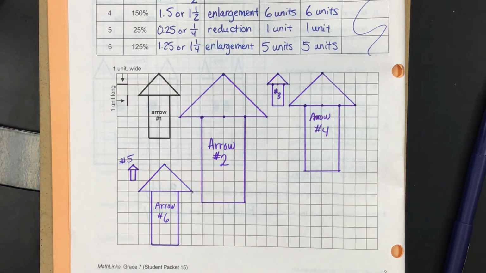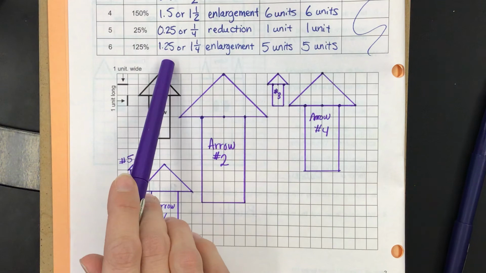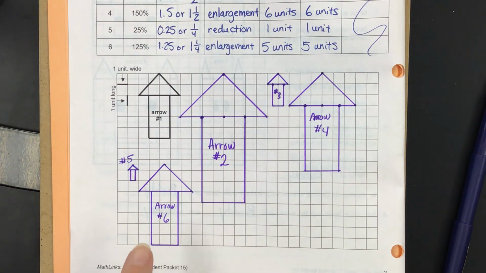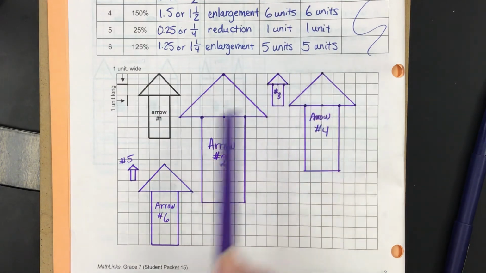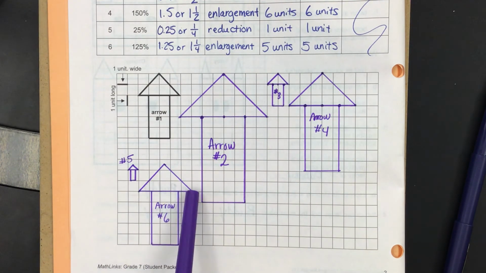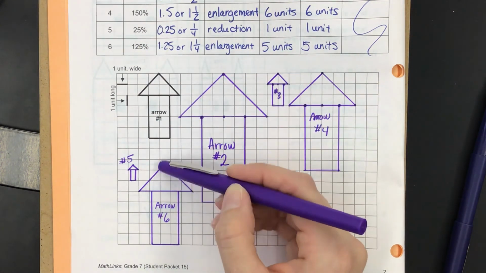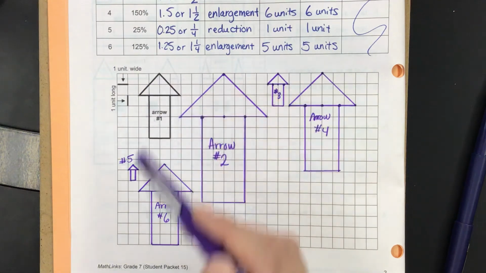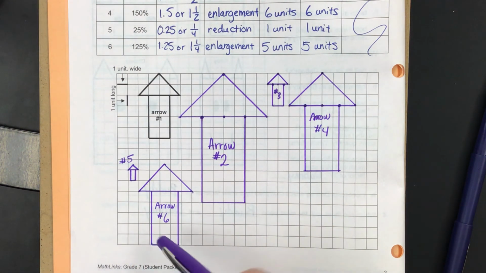And then for this one right here, a scale factor of 125% or 1.25 means that your 4 units before will become 5 units now. So the base of my triangle is 5, the height of my rectangle is 5. Now the height of the triangle here was 2, and if I multiply 2 times 1.25, I get 2.5.